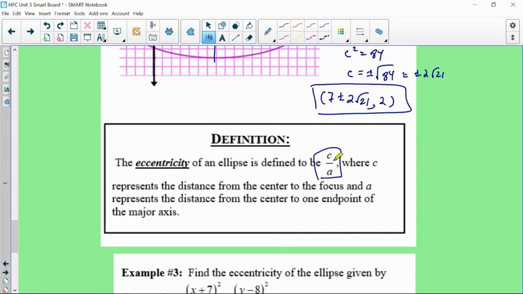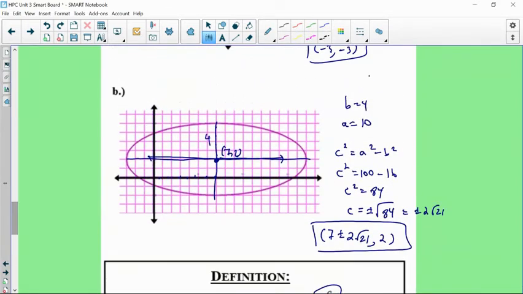So again, c is the focal length and a is the length of the major axis. Remember, this is always your a value here. So the closer that c becomes to a, if c and a become the same distance, then your eccentric value is equal to 1.